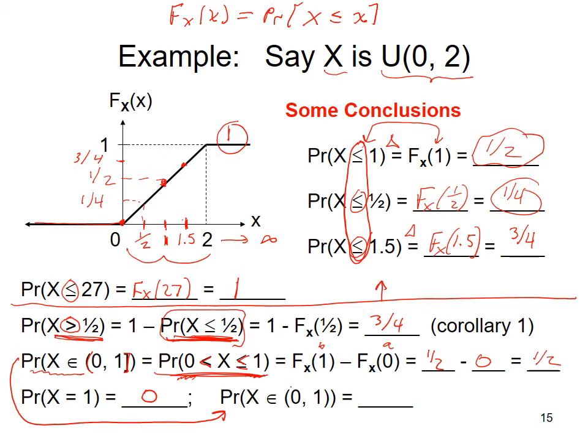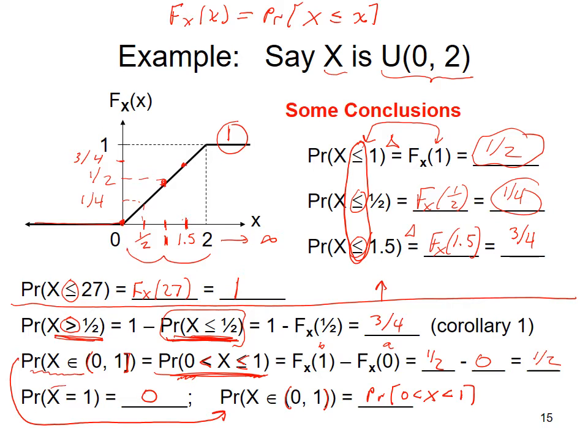Now we're saying, well, don't include either of the points. So I want the probability x is between 0 and 1. So in other words, now we're doing the probability 0 less than x, strictly less than 1. I'm not including either endpoint.